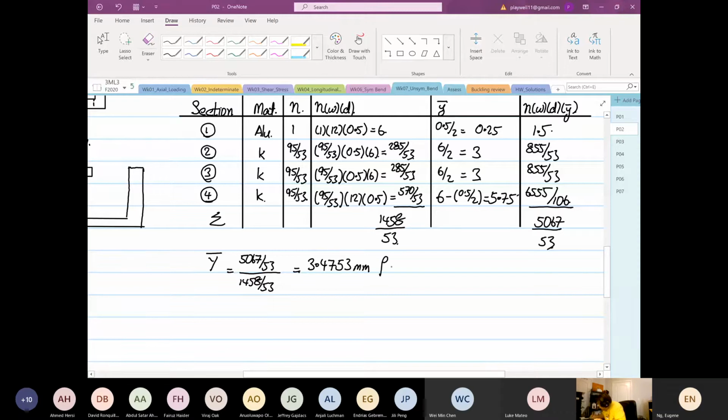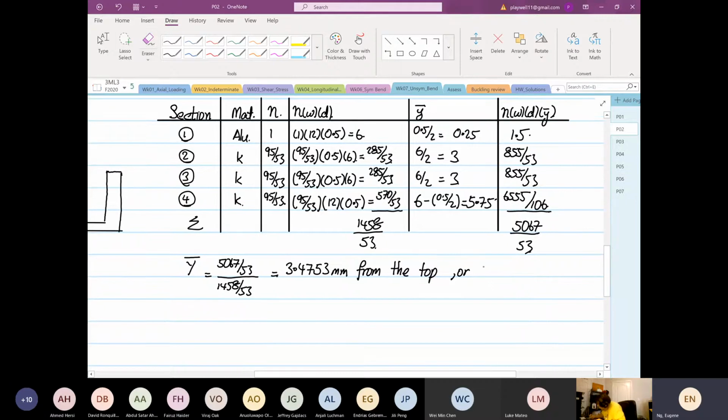From the top. Okay, or 2.5247 or 2. Yes.